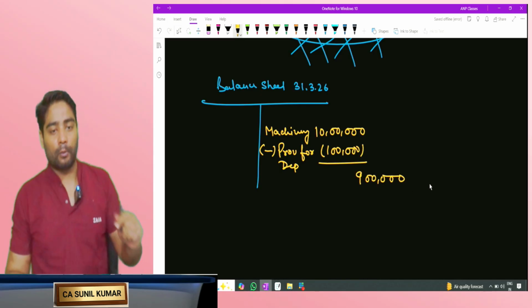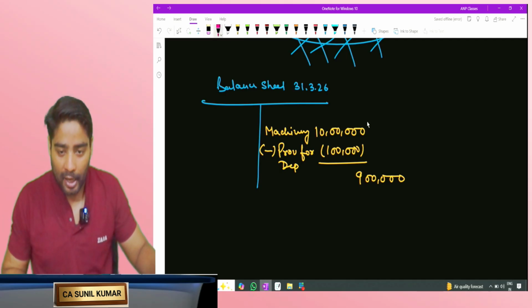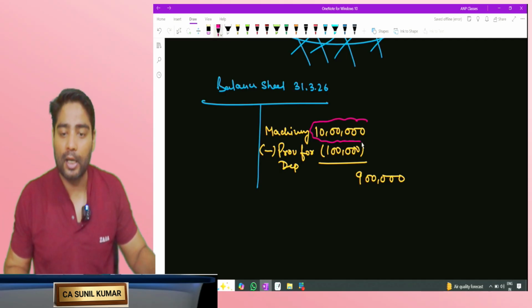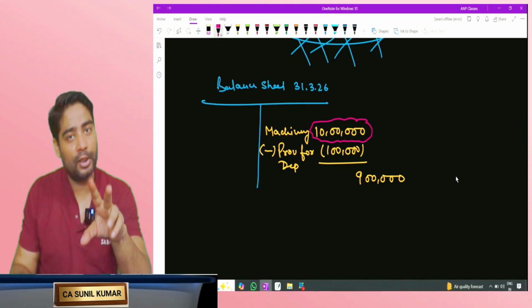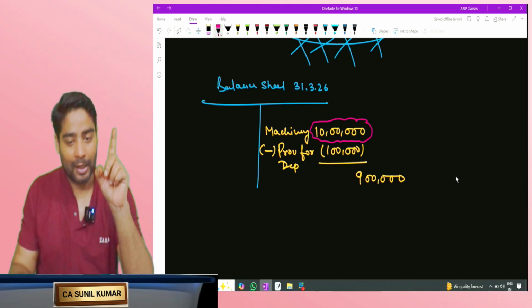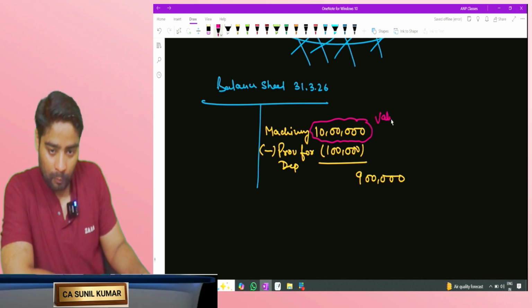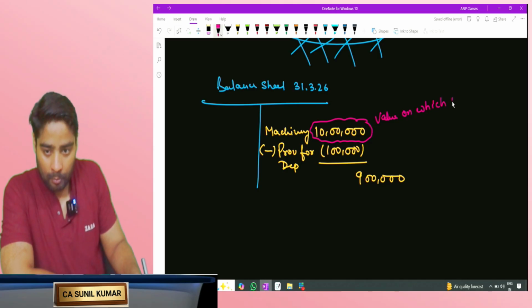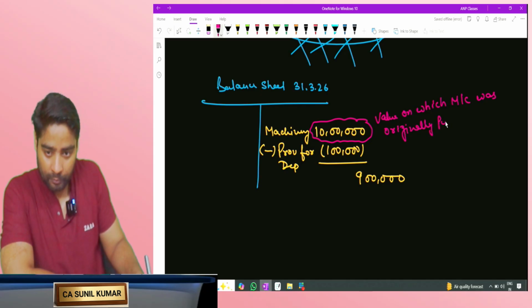Now, why do we call this method original cost? Because as you can see, the machinery account balance is 10 lakh, the value at which the machinery was originally purchased.